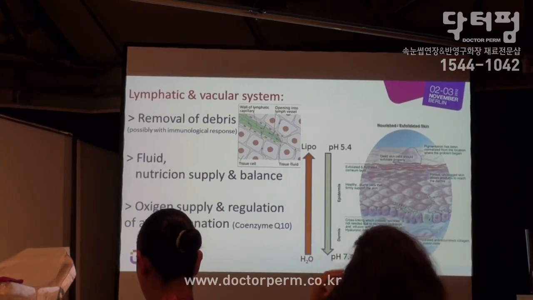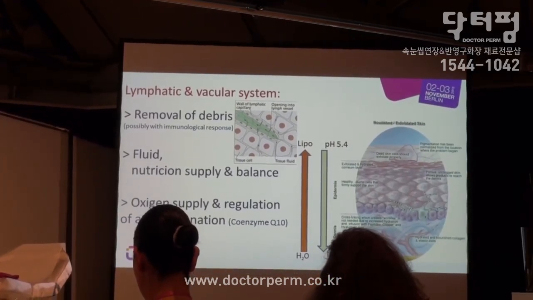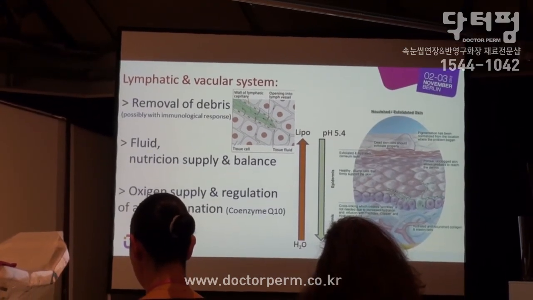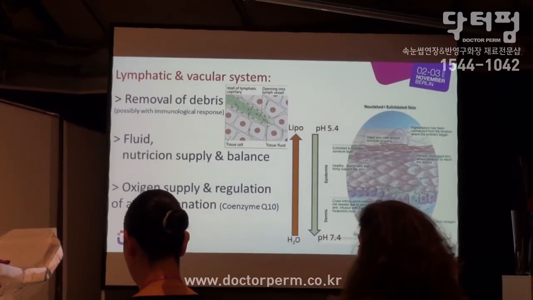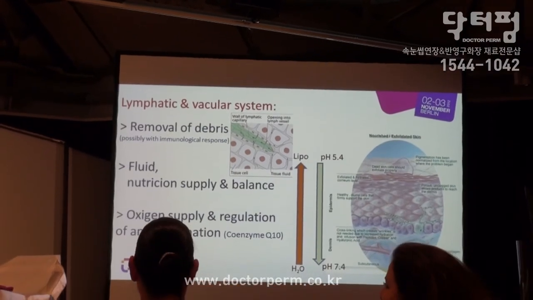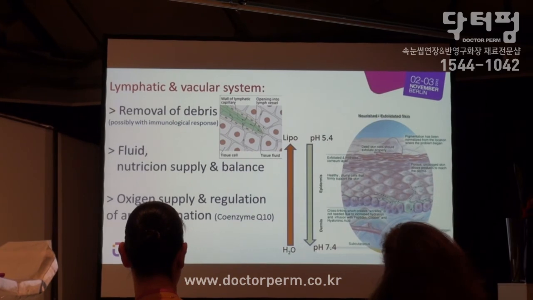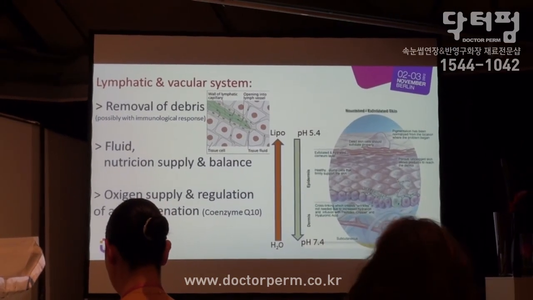This lymphatic system is very, very important for cleaning up all the damaged old cell material, rubbish, bacteria, microorganisms which are killed by the immune system, all kinds of things. The lymphatic system is almost as important as our vascular system, which supplies the skin with blood and oxygen.